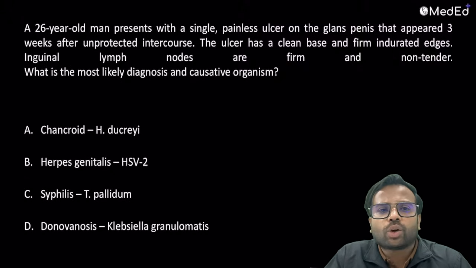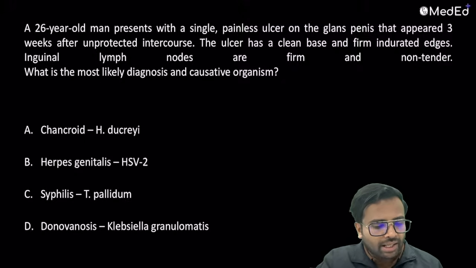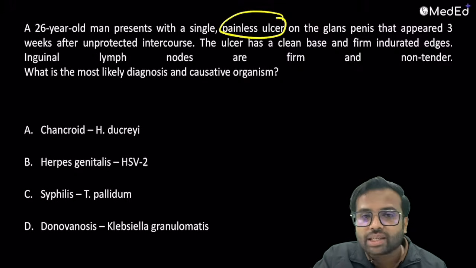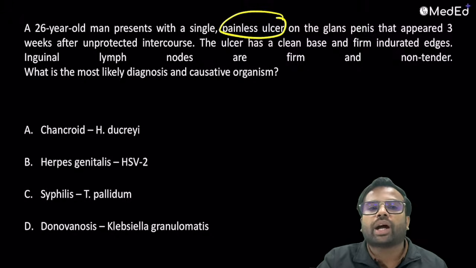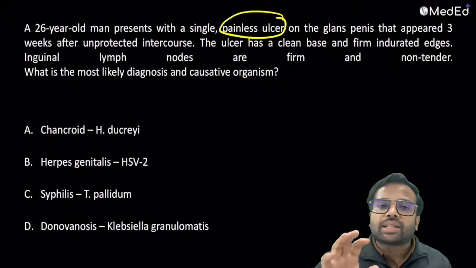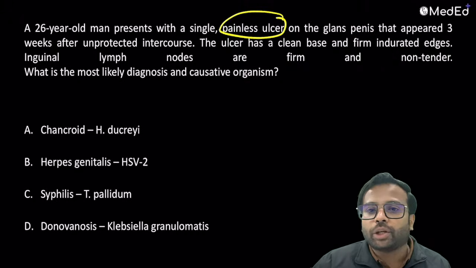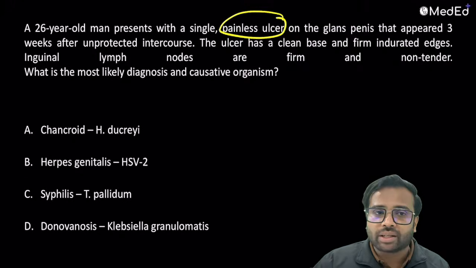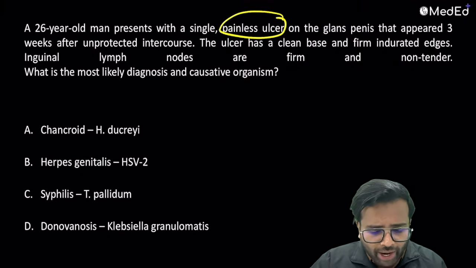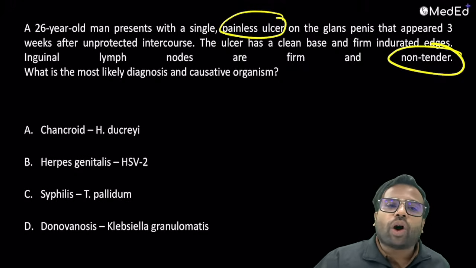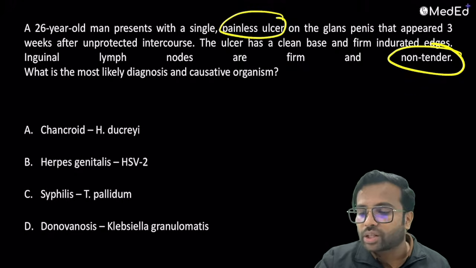Let's see this question. A 26-year-old patient presents with a single painless ulcer on the glans penis that appeared 3 weeks after an unprotected intercourse. The ulcer has a clean base and firm indurated edges. Inguinal lymph nodes are firm and non-tender. What is the likely diagnosis and what is the causative organism?